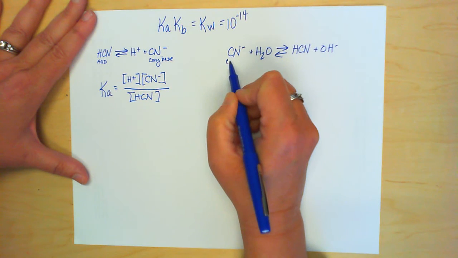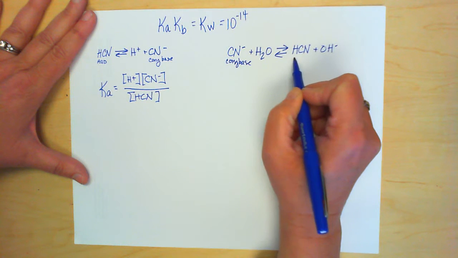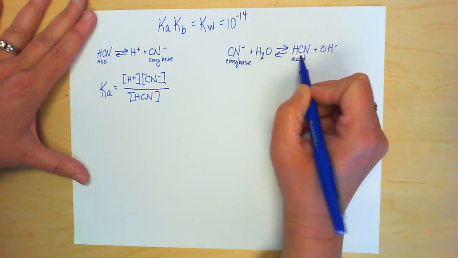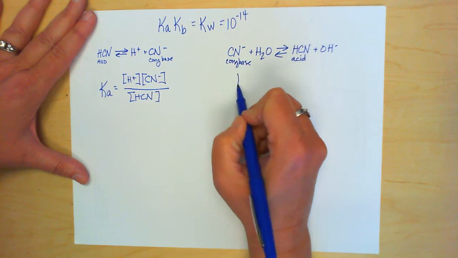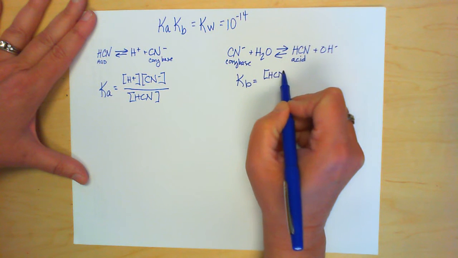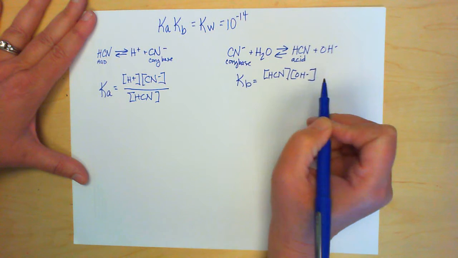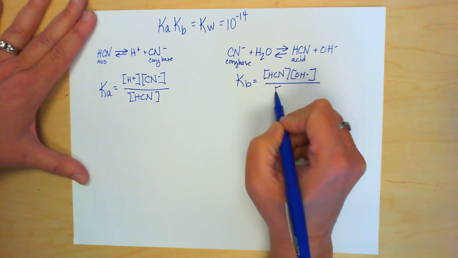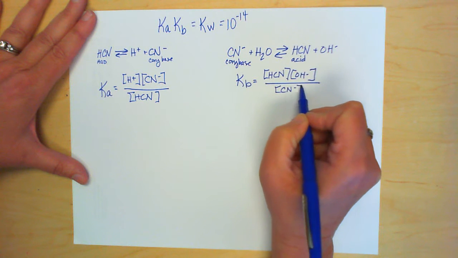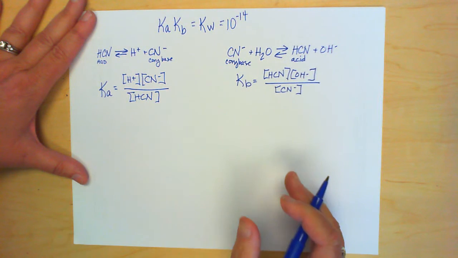So this would be the conjugate base, and this is the acid. Okay? So we have a Kb. Kb is equal to the products, HCN times OH minus, divided by CN minus.